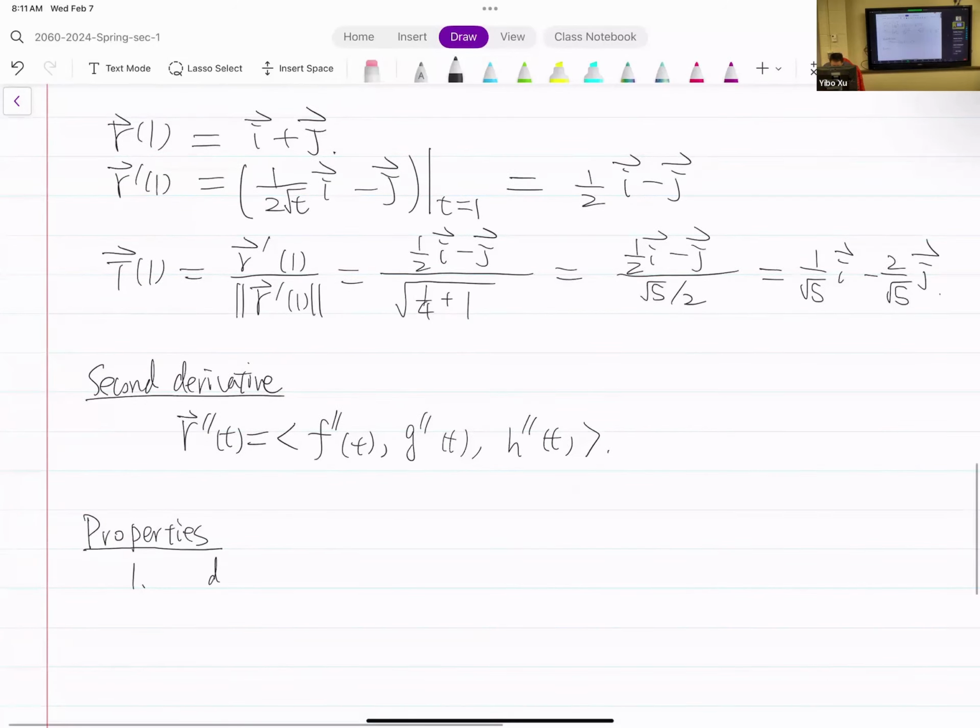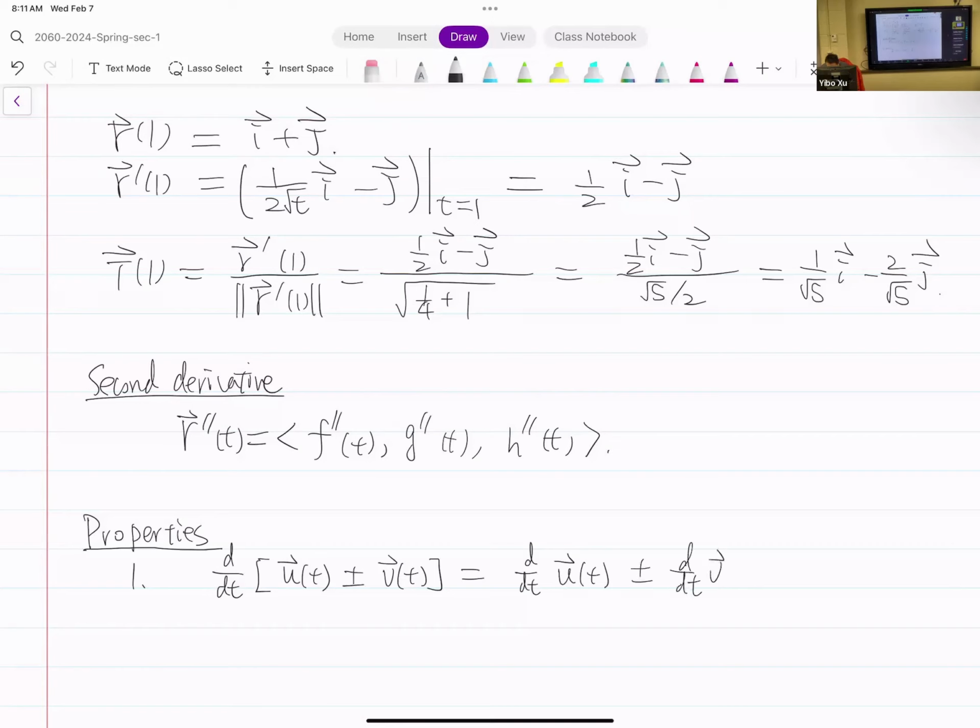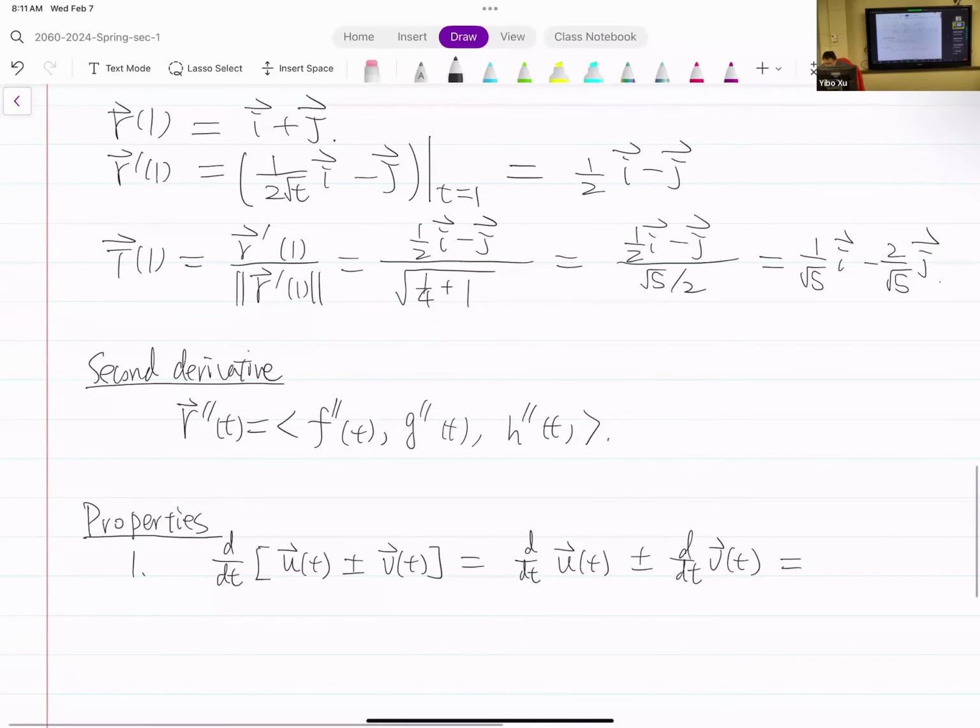So firstly, if you take the derivative of the sum or difference of two vector functions, it will be the sum or difference of the derivatives.